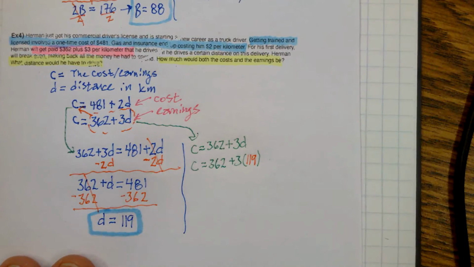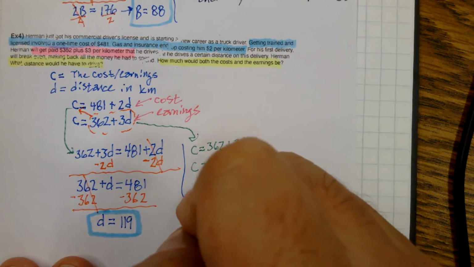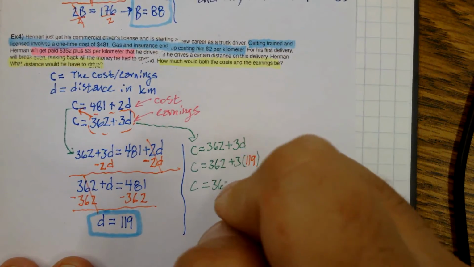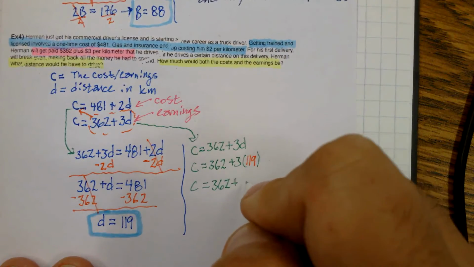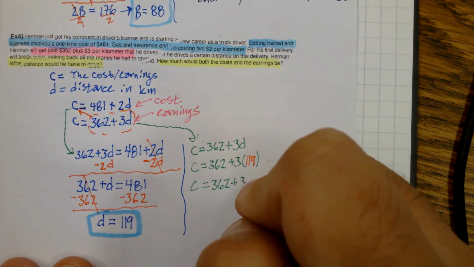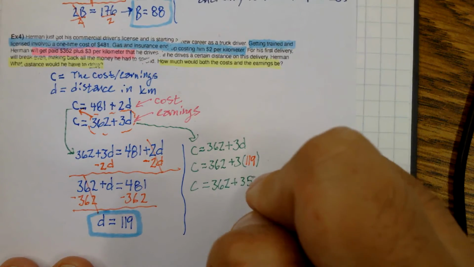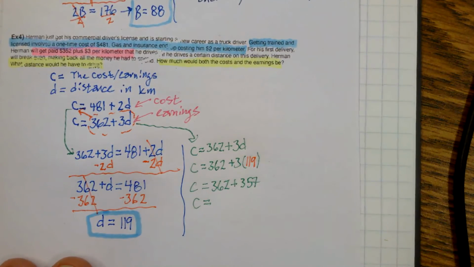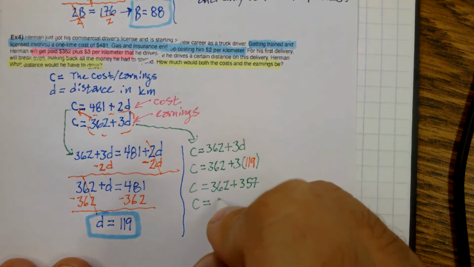And now let's just multiply 3 times 119, 362 plus 357. So if you total that up, it's 719.